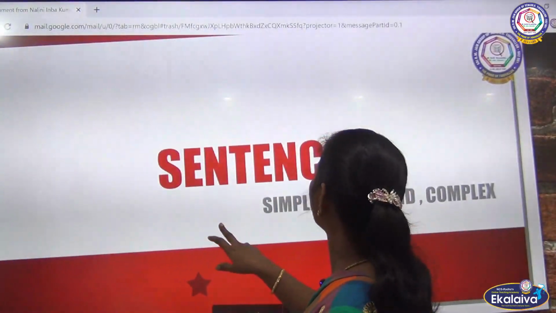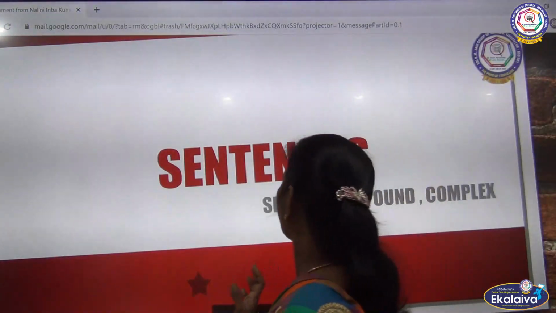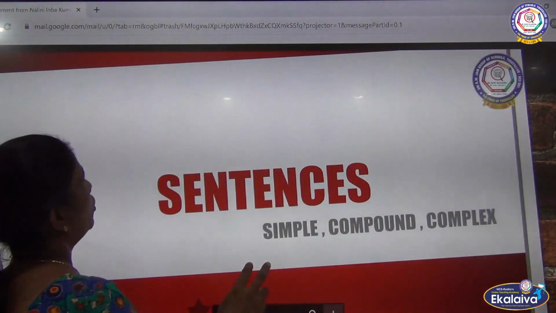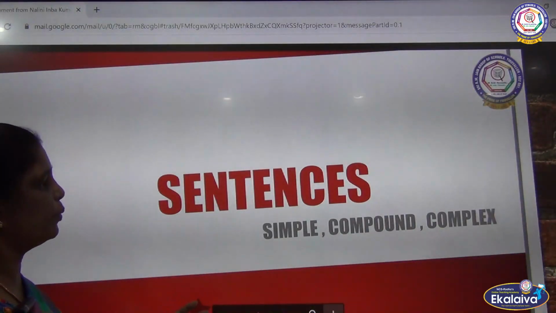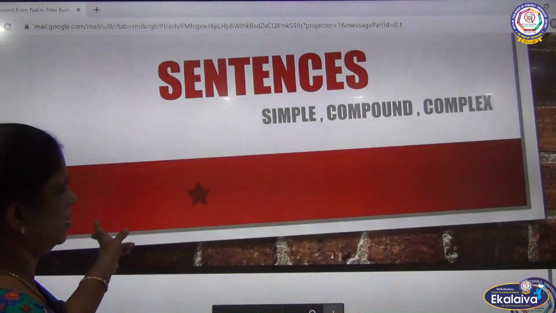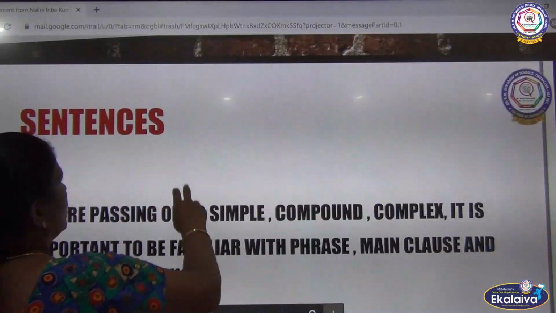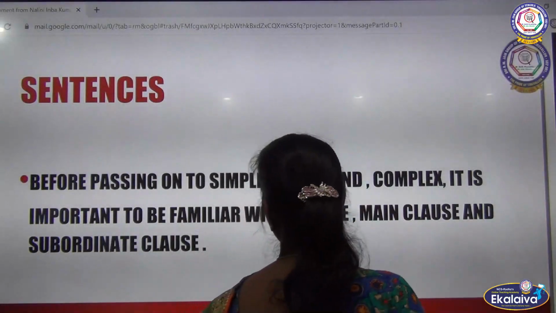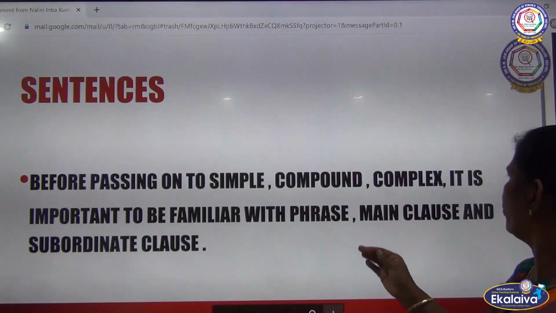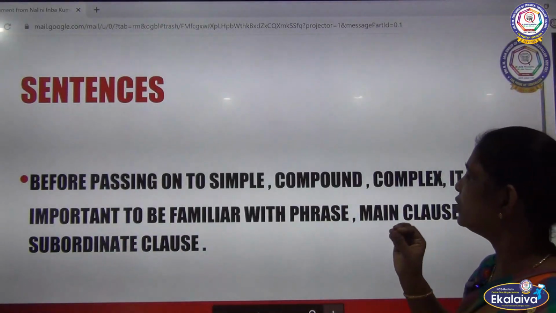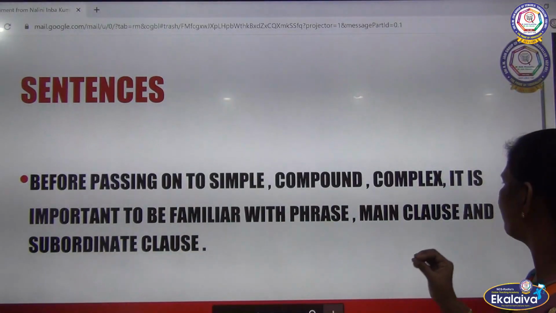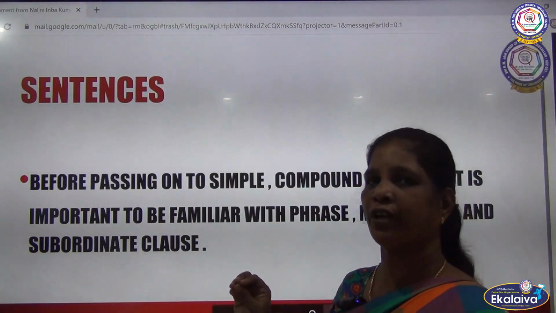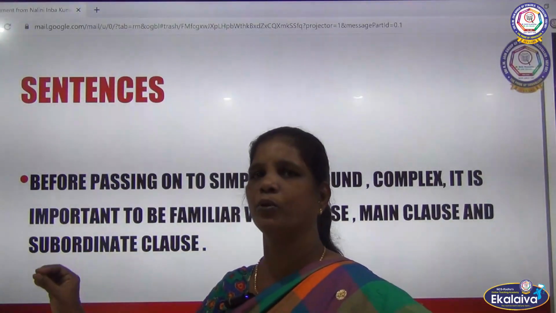What are the sentences? You have simple, compound and complex. Before passing on to simple, compound, complex, it is important to be familiar with phrase, main clause and subordinate clause. First you know what is phrase, what is main clause and what is subordinate clause.